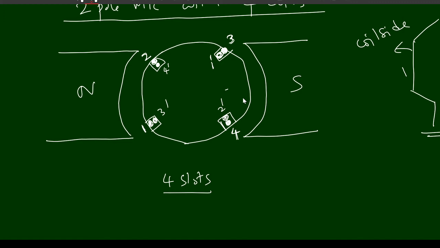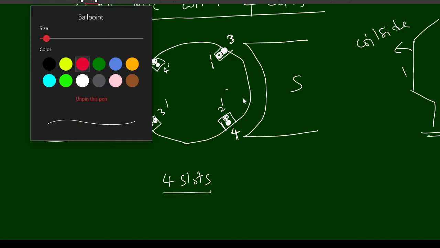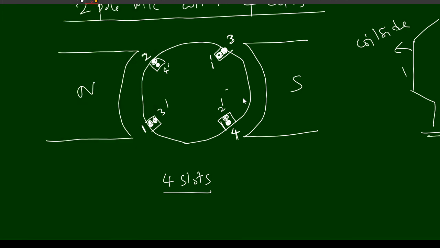Now let me also draw the commutator segments here itself. So this is one commutator segment, this is the second, this is third, and this is fourth.